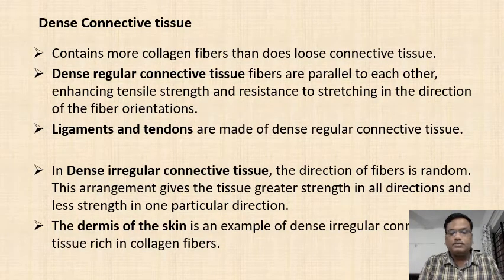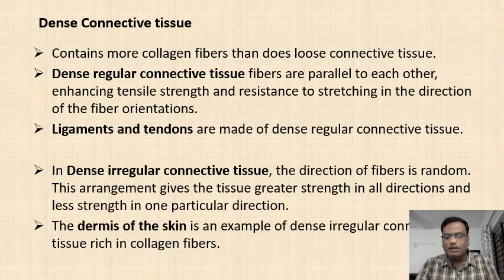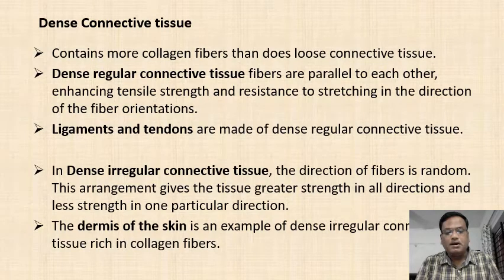And the second category of dense connective tissue is dense irregular connective tissue, where the fibers are randomly distributed in the matrix, and this arrangement gives more strength to the tissues. So the random arrangement of fibers provides more strength to this tissue, and because of this, it is more flexible.